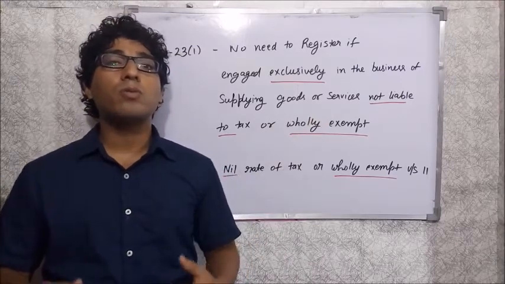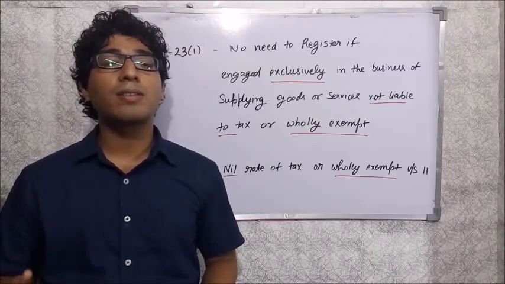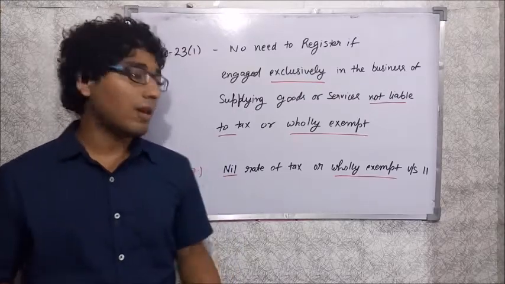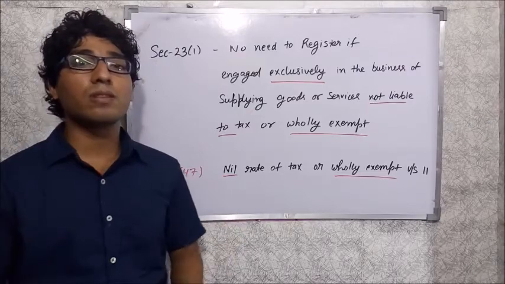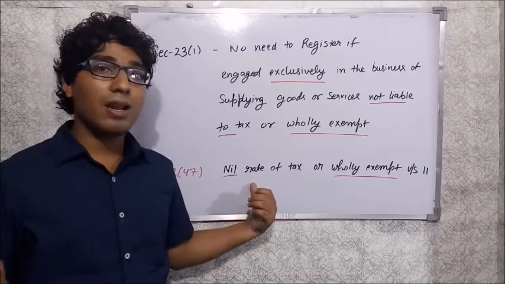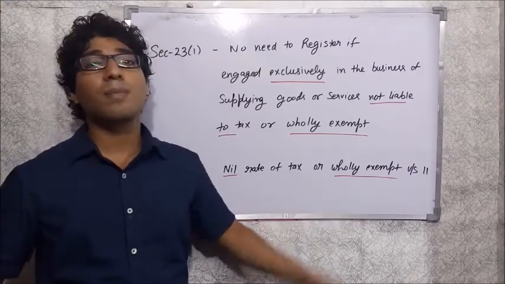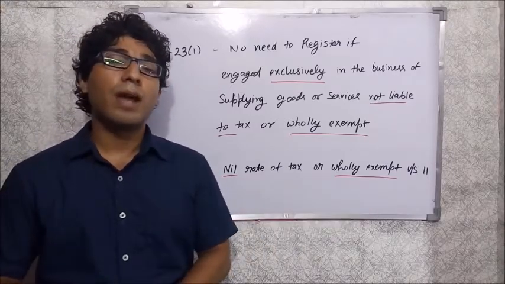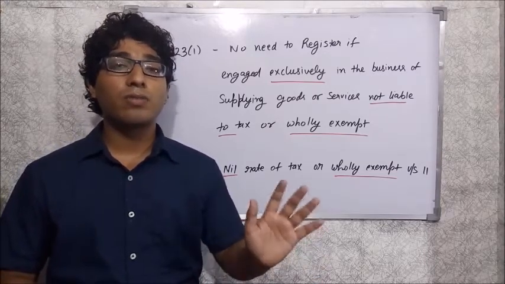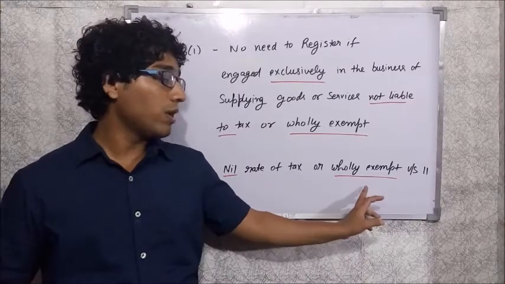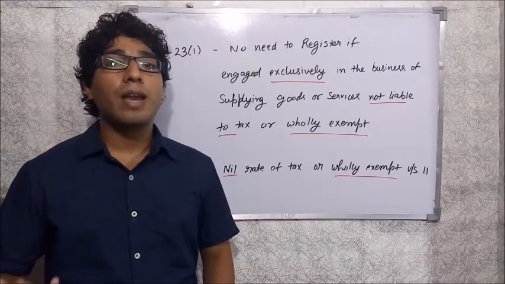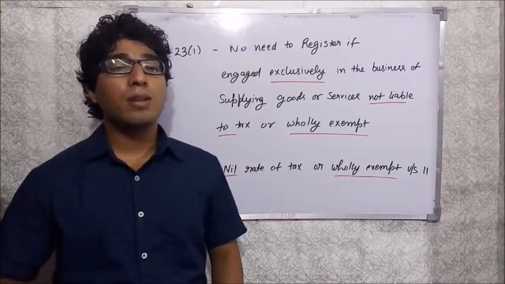Also, if you want to know what exactly is the meaning of exempted supply of goods or services, the definition of exempted supply is given under Section 2 subsection 47, and it says exempted supply is supply which attracts a nil rate of tax or which is wholly exempt under Section 11. So if you supply goods or services which attract a nil rate as per the rate schedule, or which are wholly exempt under Section 11. Section 11 gives the government the power to notify any goods or services which will be completely exempt under GST.